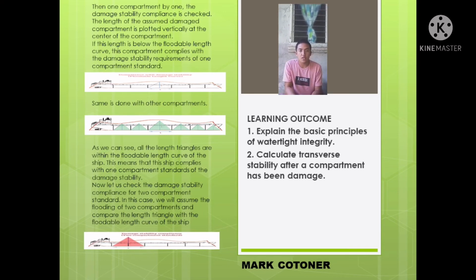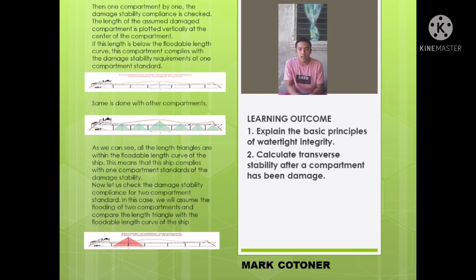Check the picture below. Same is done with other compartments. As we can see, all the length triangles are within the floatable length curve of the ship. This means that this complies with one compartment standard of the damage stability.